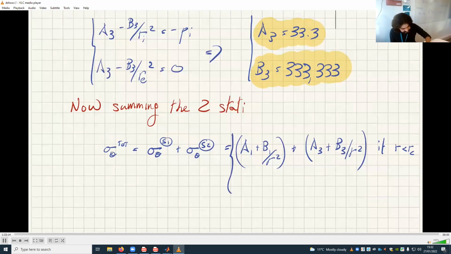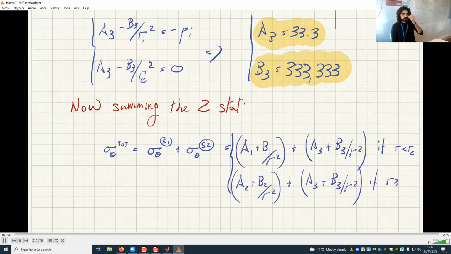Or you use exactly the same thing, but with A2 and B2 here, if R is greater or equal to RC. Do you get the idea?